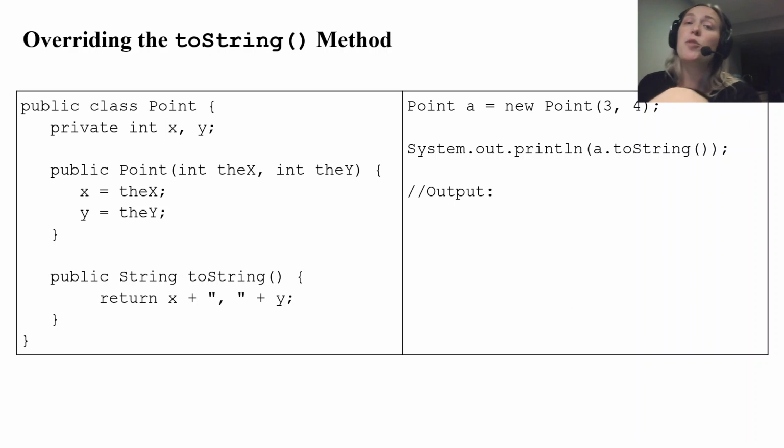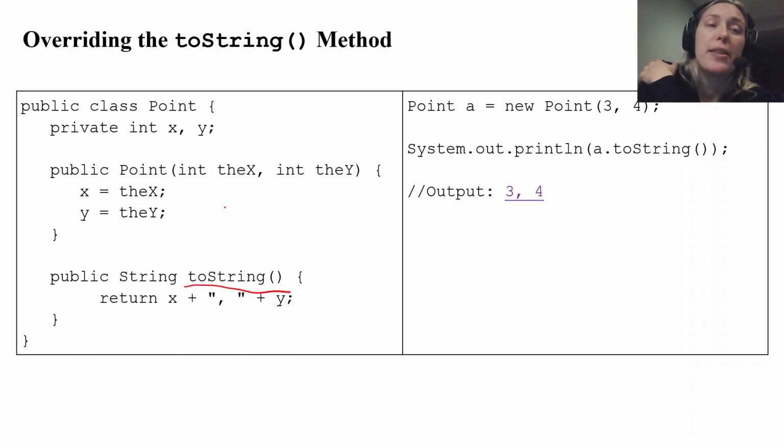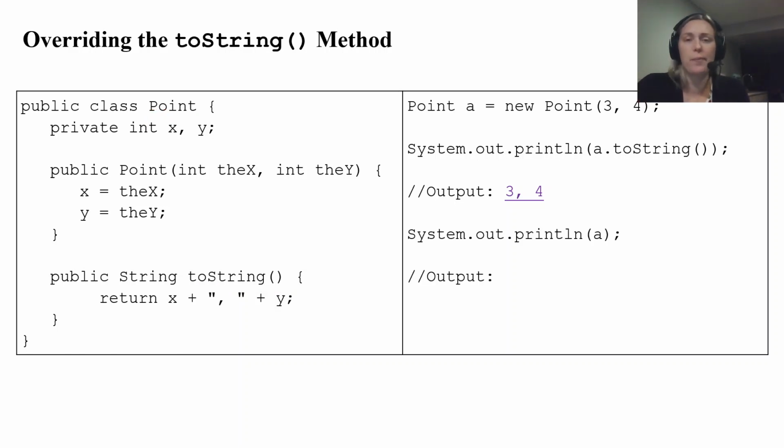So if I create a new Point, Point a equals new Point, and System.out.println(a.toString()), the output would be 3 comma 4 because it runs the toString method in the Point class. If I didn't have that there, this would still compile and run fine, but it would give that weird class name, Point at, and then a weird memory address, which again, we don't really care about.